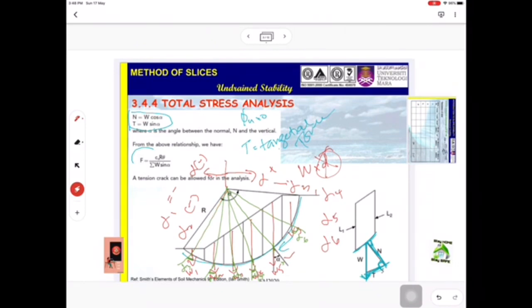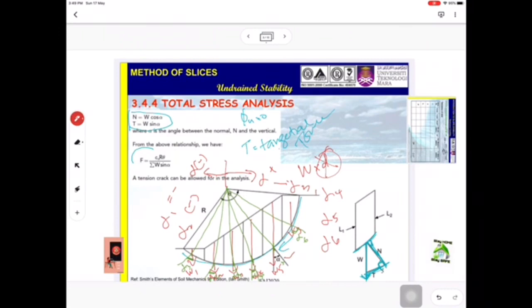Remember to get the alpha is from point O to the W. Student always make mistake when they drag a line from O to boundary line. This is boundary line of the slice. So student make mistake from O, and then they measure alpha here.